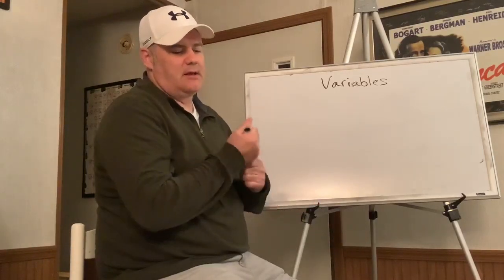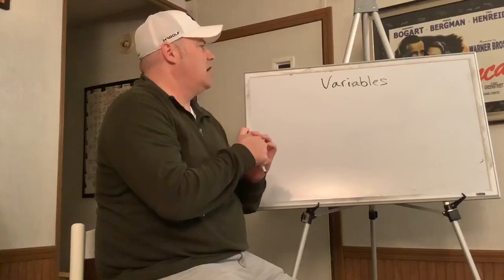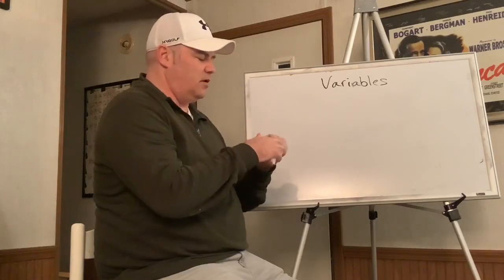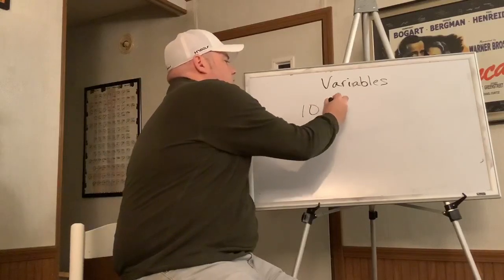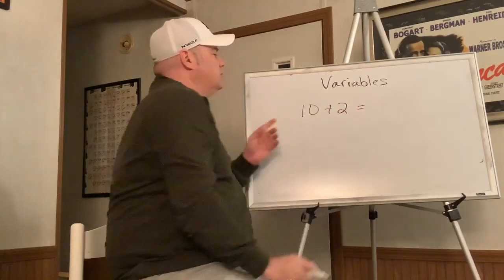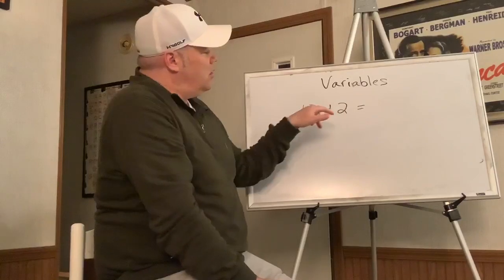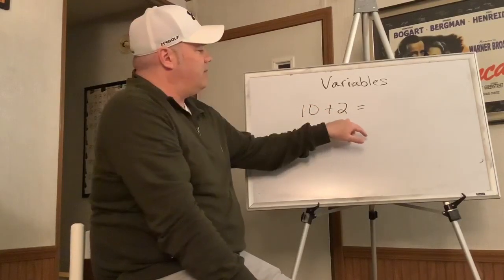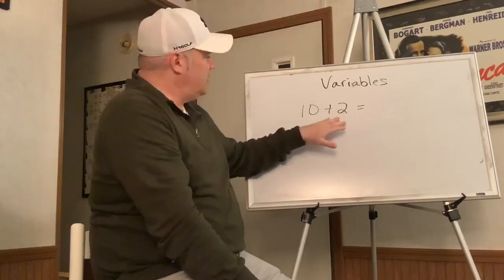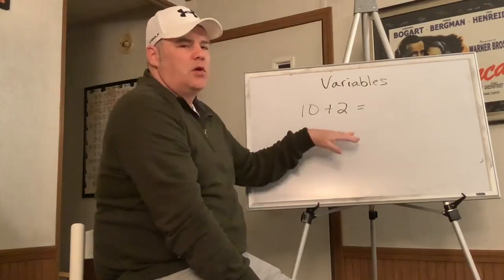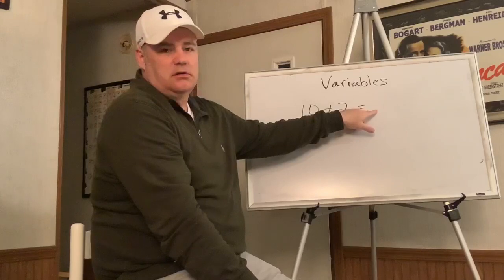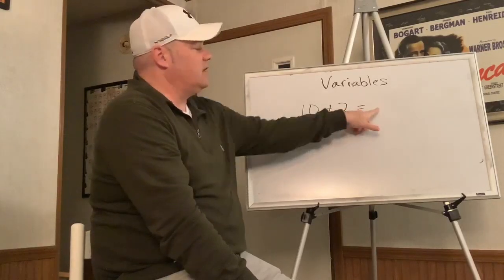But basically, let's say I had a problem that we've known since grade school maybe, of how to do 10 plus 2. When we do a problem like that, we've learned how to do this problem. Even if we have to go over to the side and line it up and add, we know we're looking for the answer as far as what it's equal to.